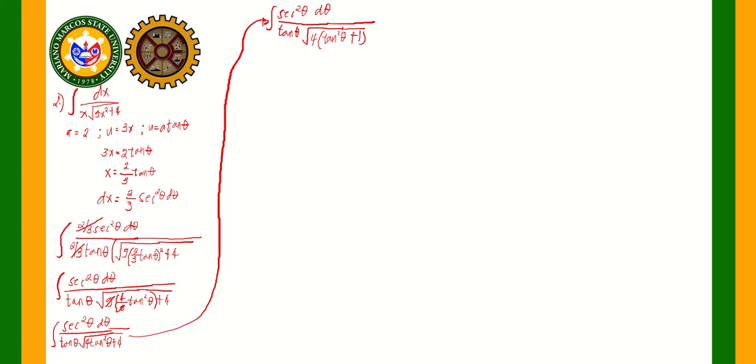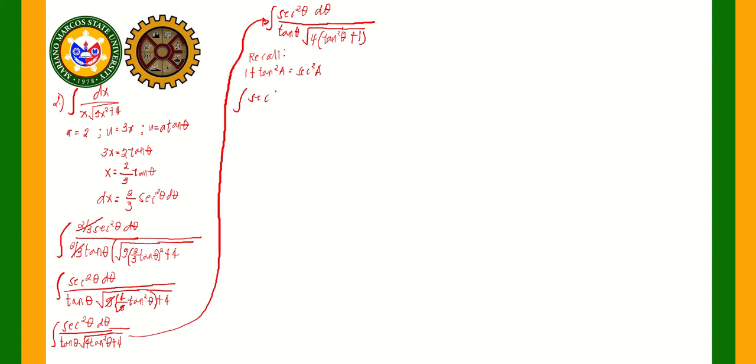Okay, so sa Pythagorean relations natin, 1 plus tangent squared a is equal to secant squared a. Recall that 1 plus tangent squared a is equal to secant squared a. Okay, so we can replace this one with secant squared a.